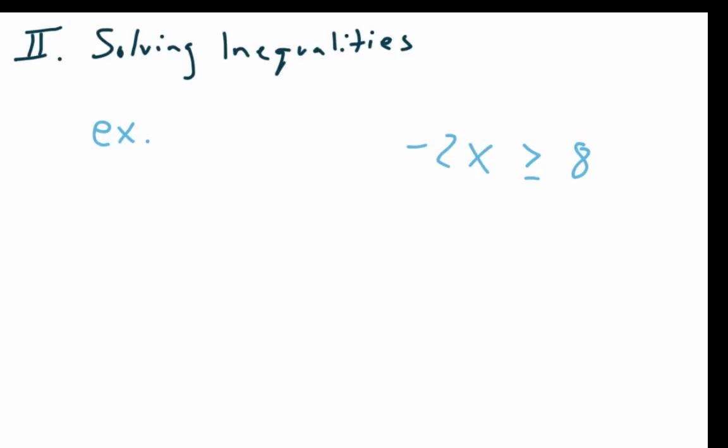The exception that will come up later in your math life is if you multiply or divide by a negative number. Do you agree? Right now, my negative is on the left side of the equation. If I were to go through and divide by a -2, now I end up with a x, and now I have a negative 4 over here. It's kind of like the negative switches from one side of the inequality to the other.